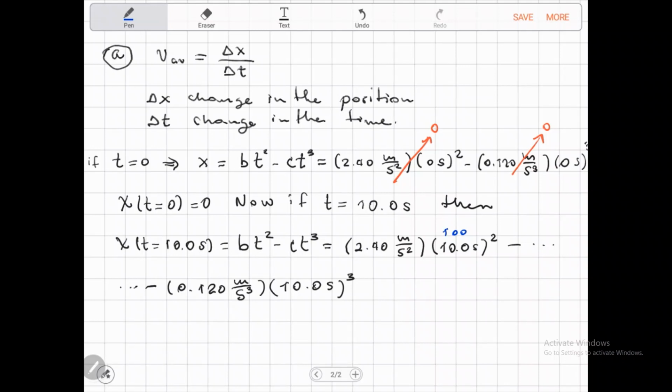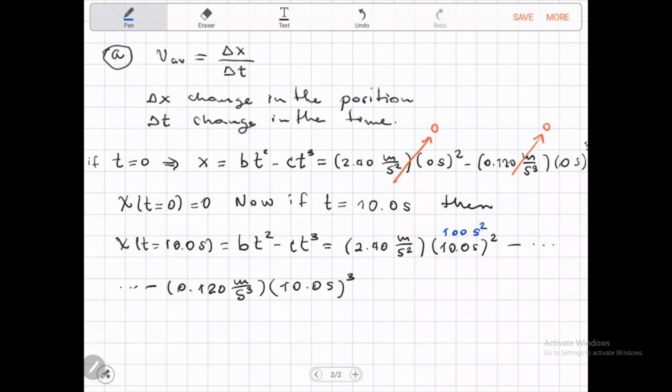We apply the power to the unit as well. So 10 squared is 100, but the unit representing the time in this case is second. Second squared is gonna be seconds squared.